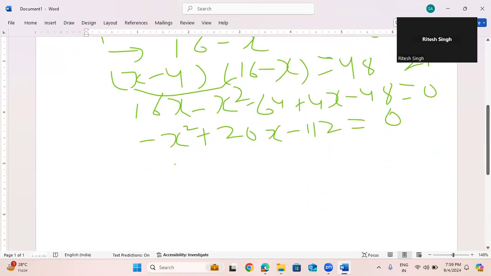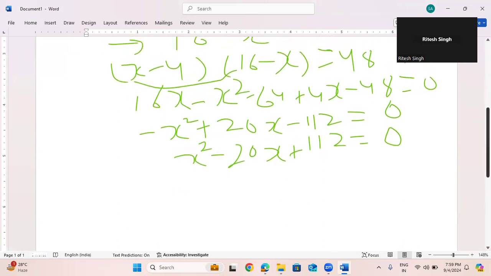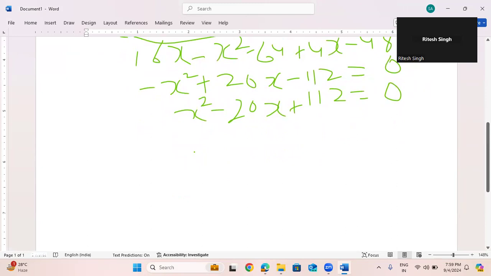Now we will try to solve it. Here we will change the sign of all of this to make it easier: x square minus 20x plus 112 is equal to 0. Now we have to solve this quadratic equation. How will we solve it? Simple, we will first try to find D. D is b square minus 4ac.